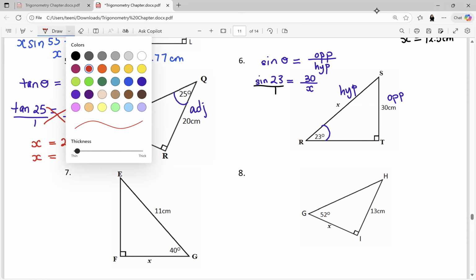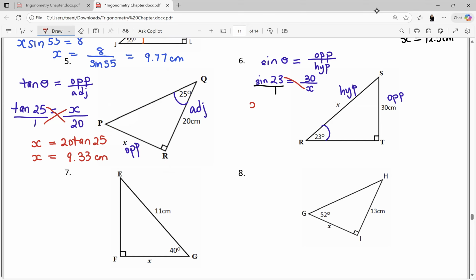Instead, you have to cross multiply here, so you'll get x times sine of 23 is equal to 1 times 30. And therefore, x will be equal to 30 divided by sine of 23.